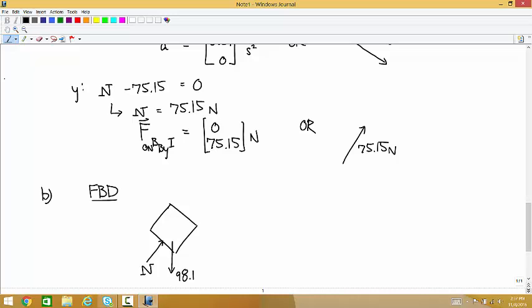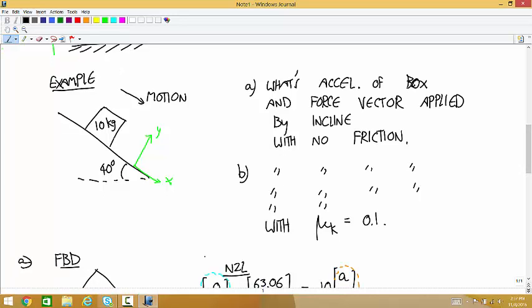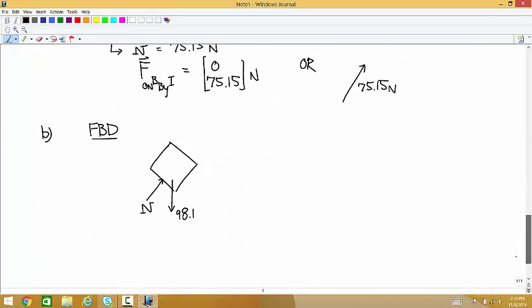And now there's also going to be a friction force. The motion is down the ramp, so the friction force has to be up the ramp. It has to be opposite that velocity vector. And I said that the coefficient of friction is 0.1, so this is going to be 0.1 n.